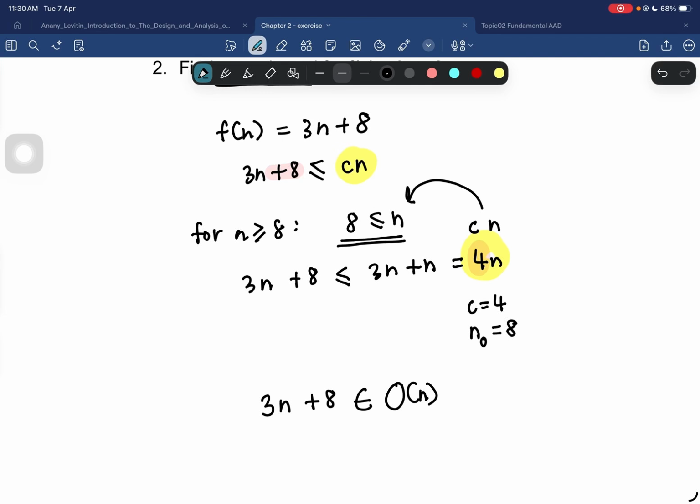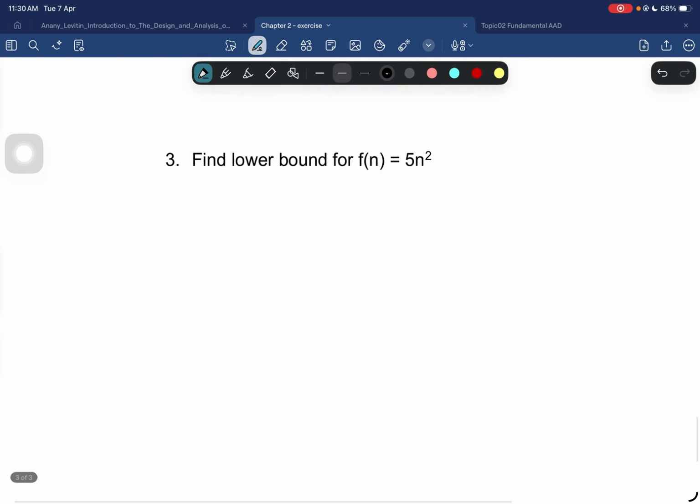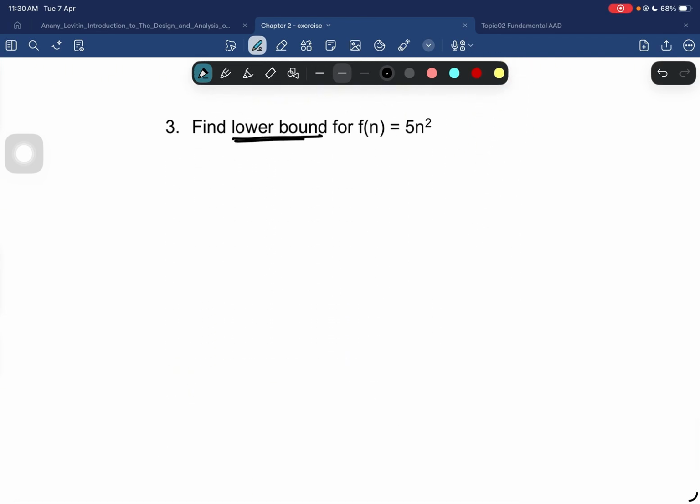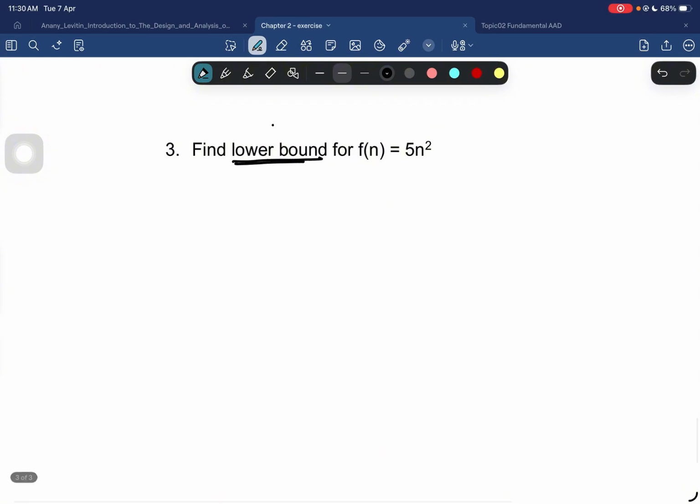Alright, for the next question, we are going to find the lower bound. For lower bound, we are finding omega. For function f(n) equal to 5n square, when it is omega lower bound, we go with the definition: it grows faster than c·n square.